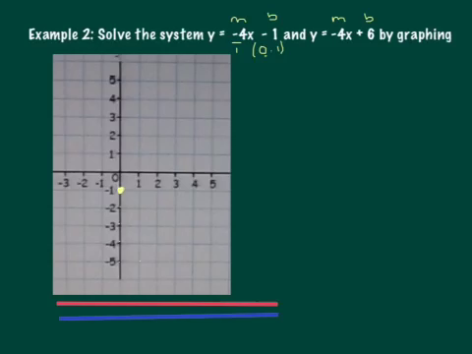So now if I put that dot, and if I want another ordered pair, I can go up 4, 1, 2, 3, 4, and to the left one. So notice it has a negative slope, so it's going down to the right. So now I'm going to connect these.